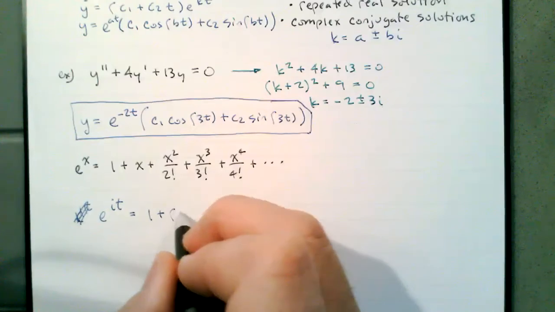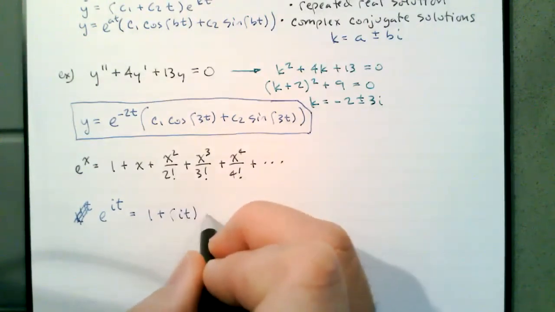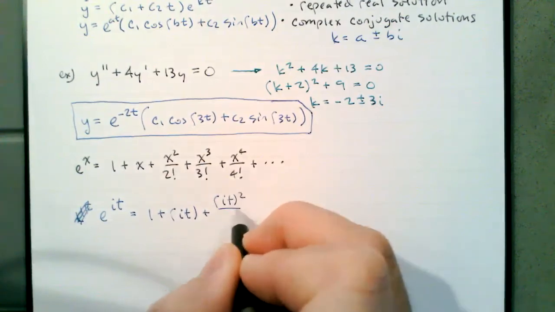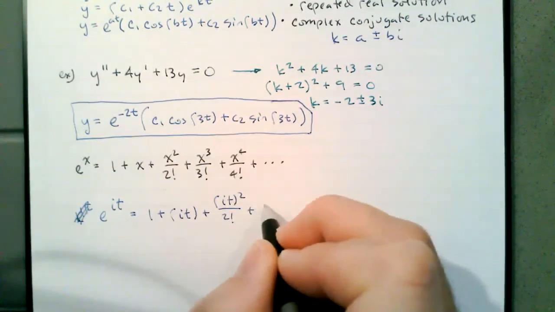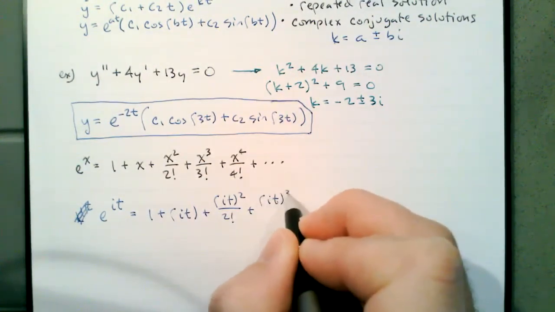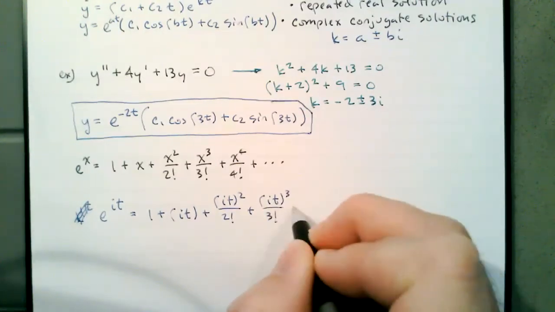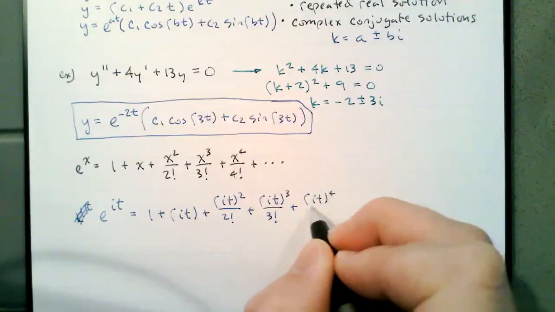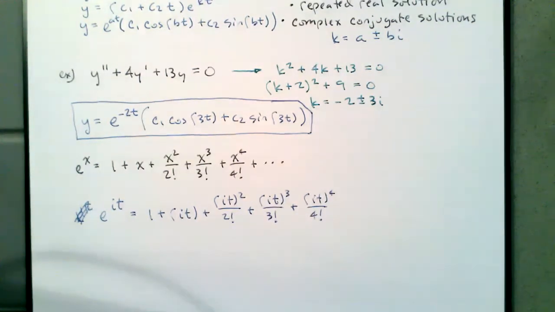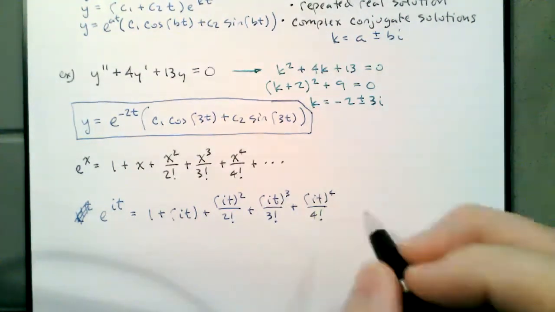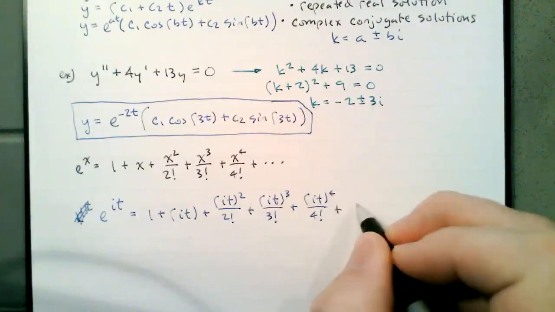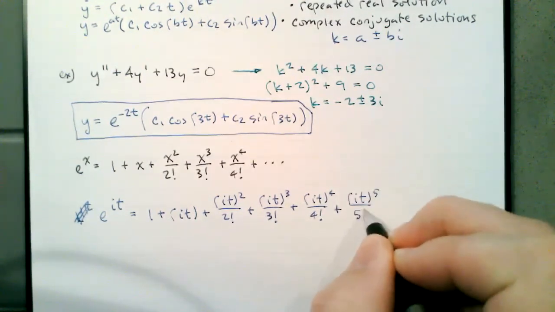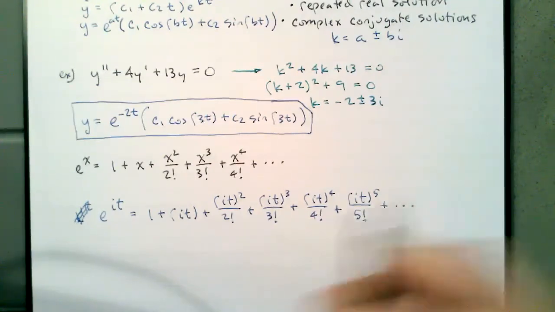So 1 plus it plus it squared over 2 factorial plus it cubed over 3 factorial plus it to the 4th over 4 factorial. I'm going to do one more. Plus it, just for balance, to the 5th over 5 factorial, and so on.